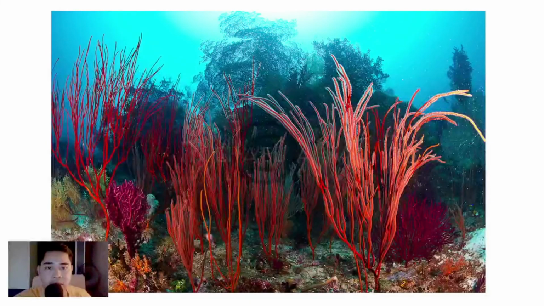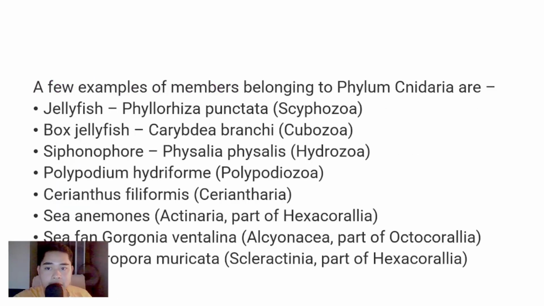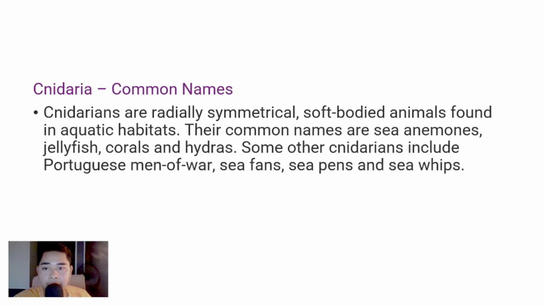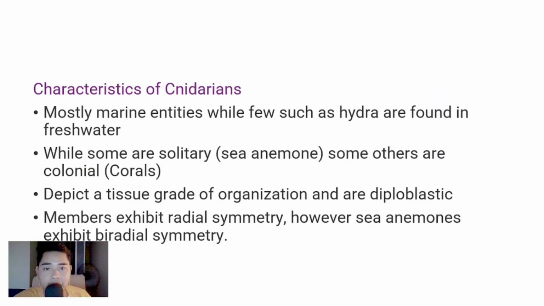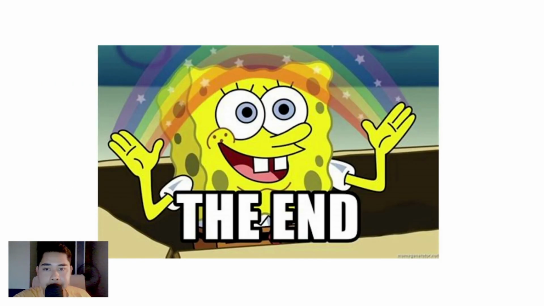Just like these ones, the sea pen and the sea whips, they are non-mobile, so their mouth is pointing upwards. While for, let's say, the Portuguese man o' war, since they are mobile, their mouth is pointing downwards. So just take note of that.